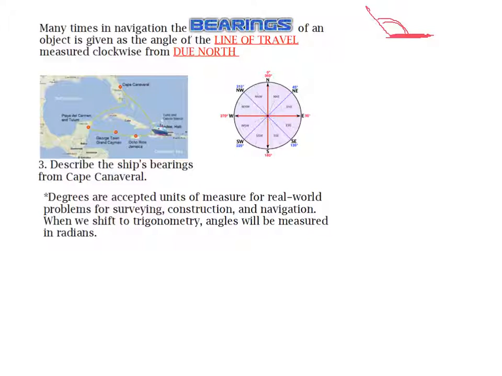But for some reason, navigation works differently. Pilots, so you'll see this with airplanes, you'll see it with ships, they think of everything with respect to due north. If you look at a compass rose, you're starting right here, due north, and you are looking at where you are going with respect to due north.